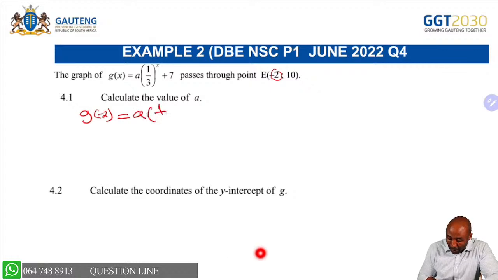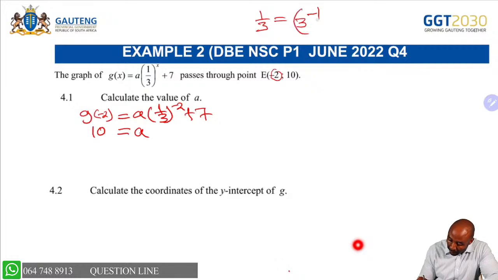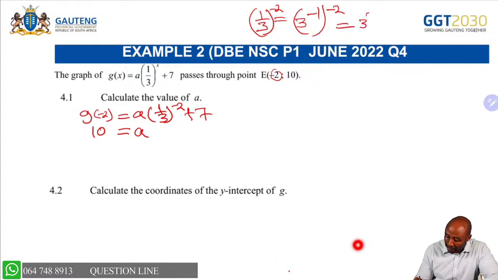It will be a times 1 over 3 to the power negative 2, plus 7. But when my x is negative 2, my y is given as 10. From our laws of exponents, I know that 1 over 3 can be written as 3 to the power negative 1, and if I have 3 to the power negative 1 to the power negative 2, I will get 3 squared, and I know that 3 squared is 9.